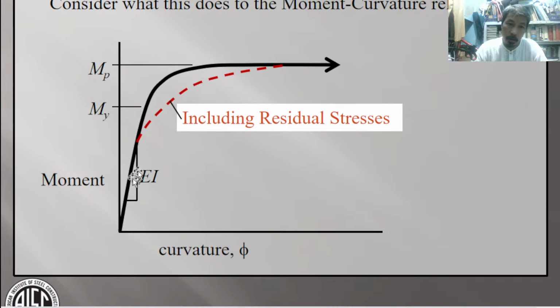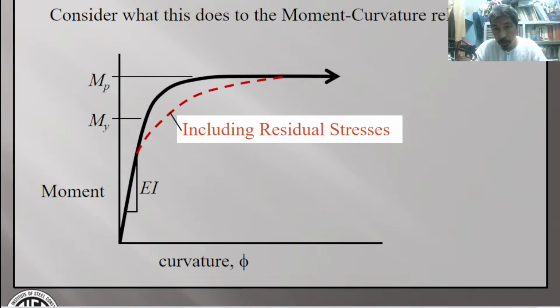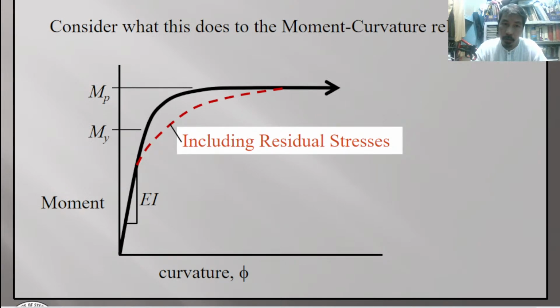So an increase in residual stress will make this curve lower. Okay, so that's the concept. That's the conceptual discussion of yield. So any question about beam section when we are talking about yield and plastic moments?